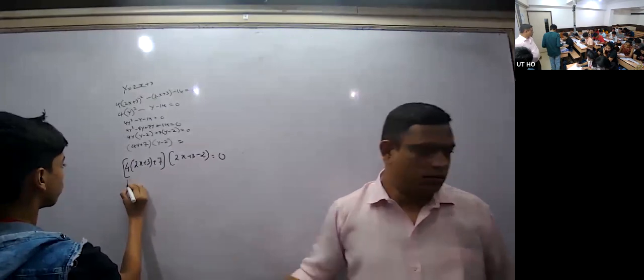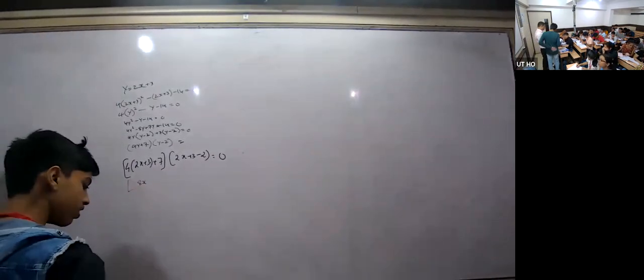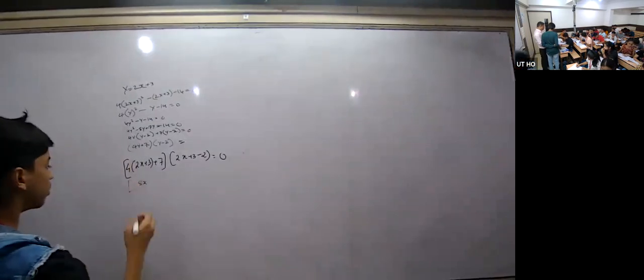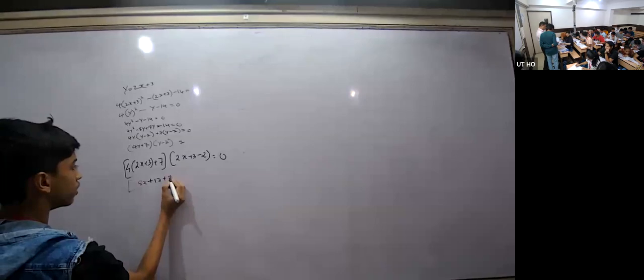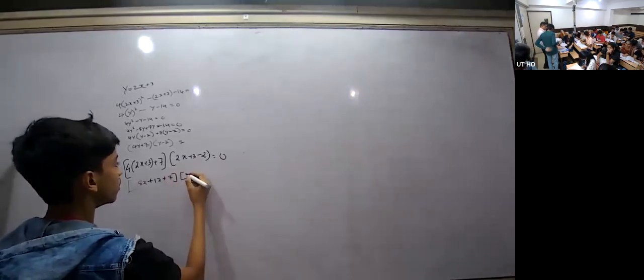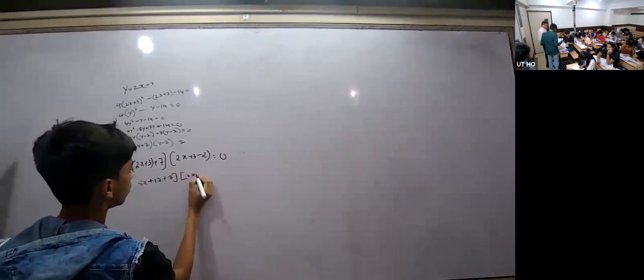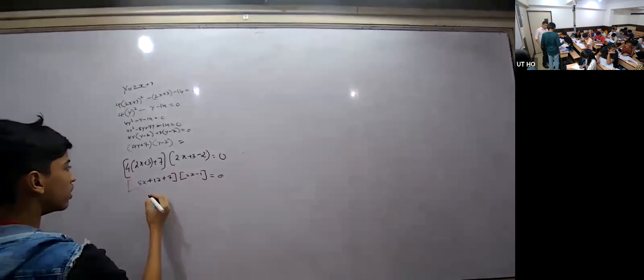What is the next thing? The quadratic equation is x square minus, plus 4x, plus 6. Find the value of x. So write the equation x square.